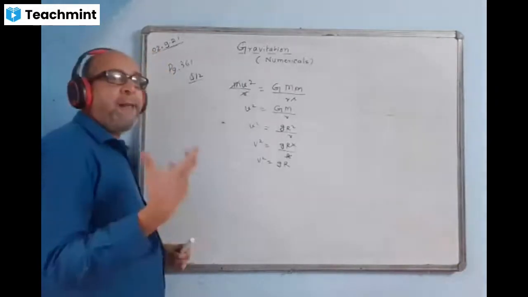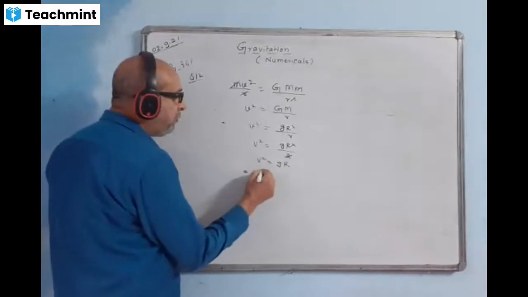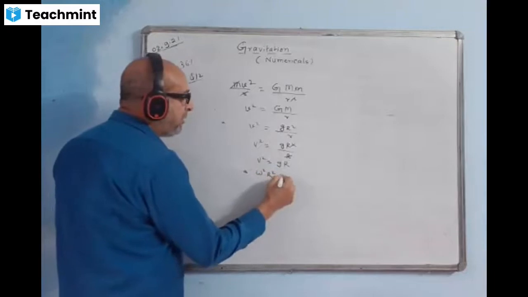But if they ask you to find the time period or period of revolution, we can continue further. v is equal to omega r, so we have omega squared. Small r and capital R are equal, so omega squared R squared is equal to gR.